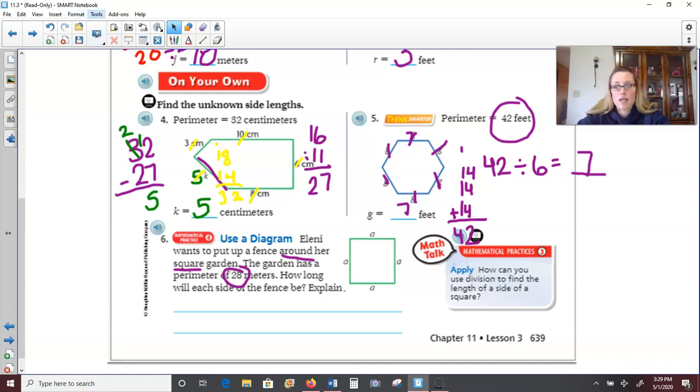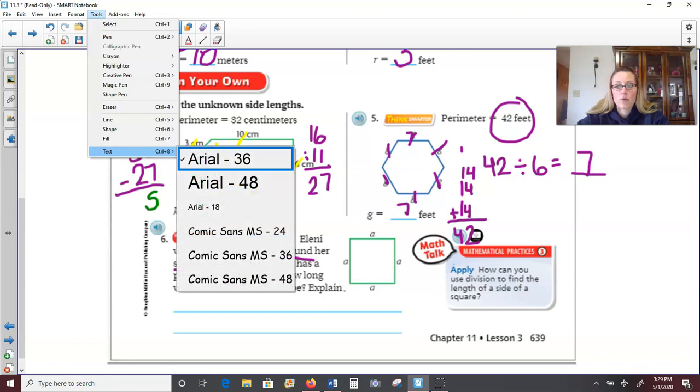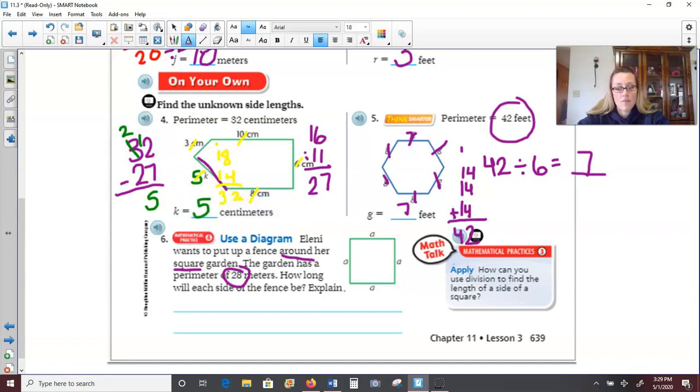So if she has a square garden, that means all 4 sides are going to be the same. And if a square has 4 sides, and the total of those 4 sides adds up to be 28, we have to take 28 and divide it by the 4 sides.